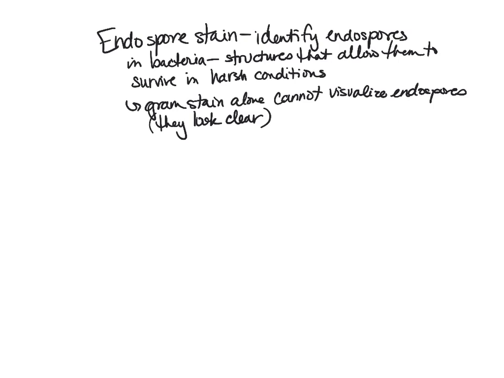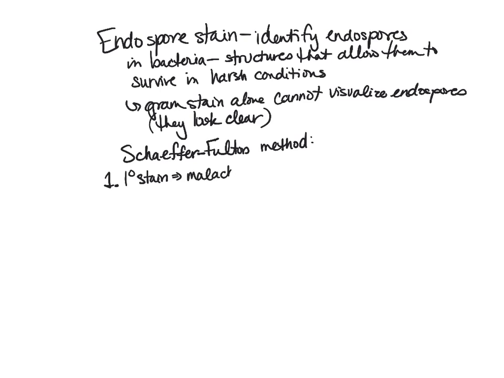And when we do the endospore stain, we do what's called the Schaefer-Fulton method. In the Schaefer-Fulton method, we add our primary stain, which is malachite green, and we use this malachite green with heat.